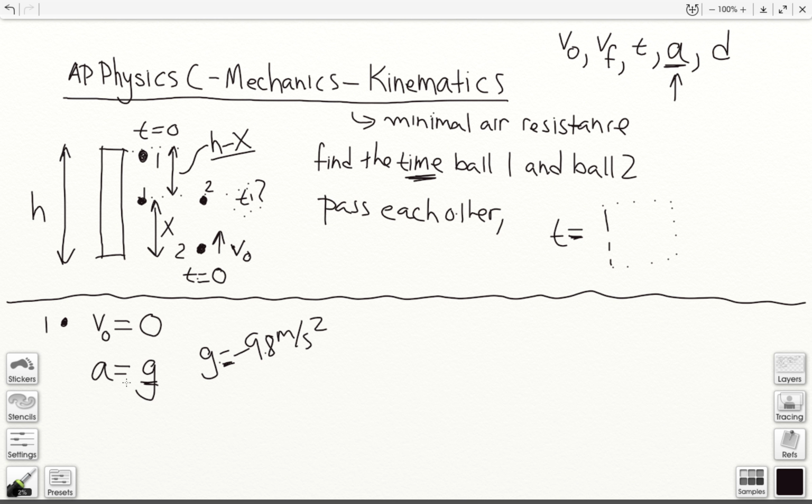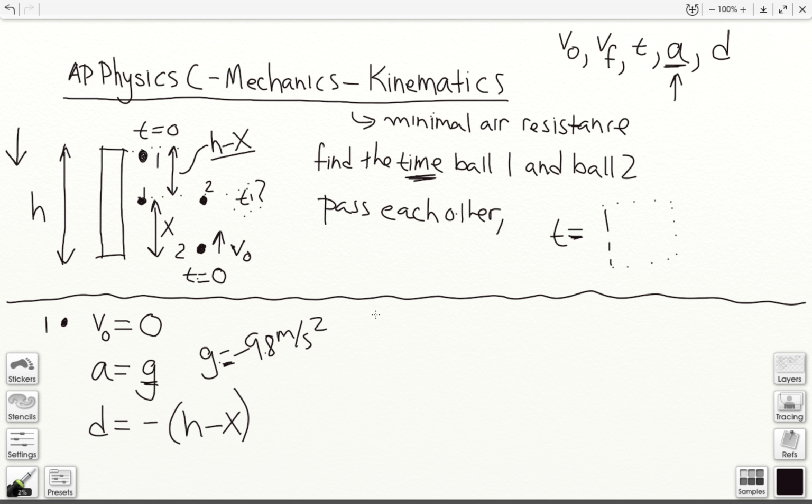But in this problem, I'm just going to use the symbol g. And the distance will be negative, h minus x as an expression I'm going to use. The reason I have this negative here is because the ball is falling in the downward direction.